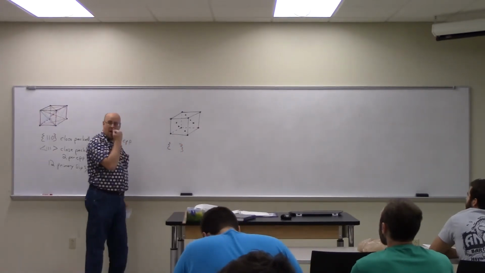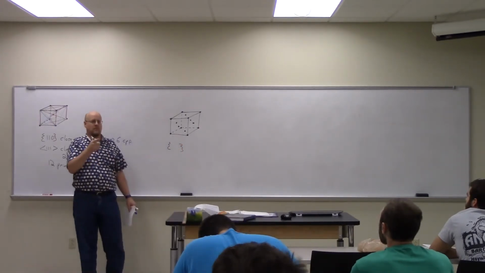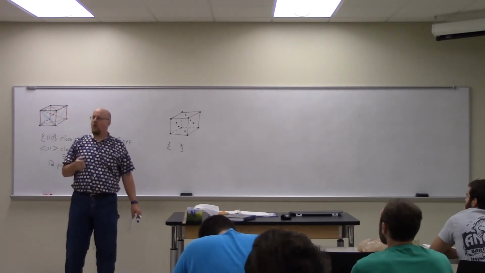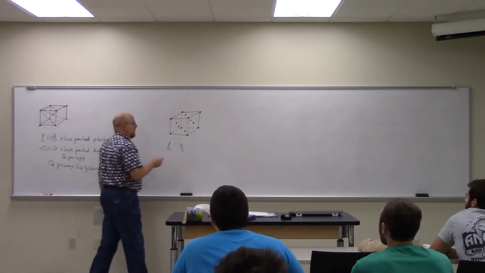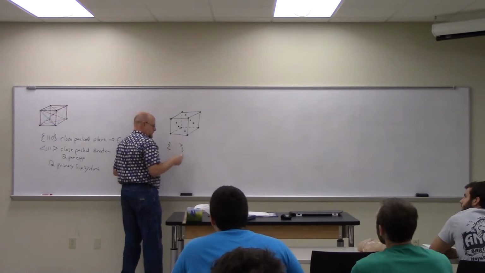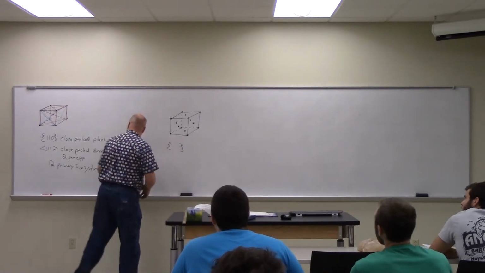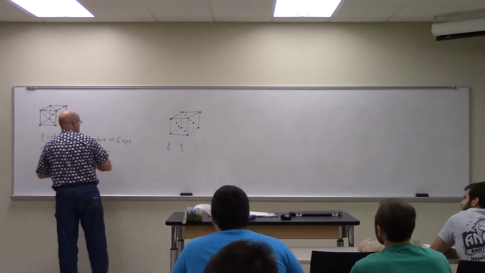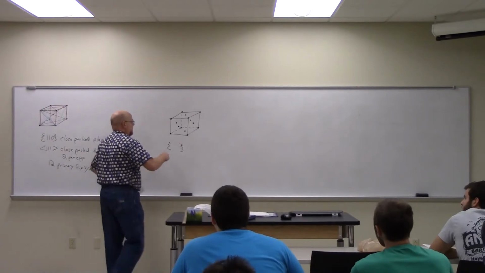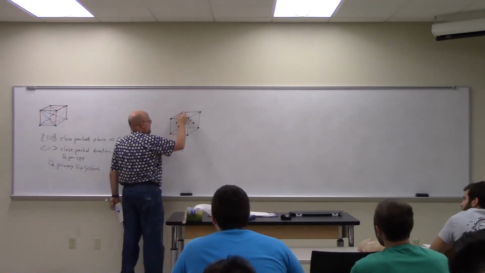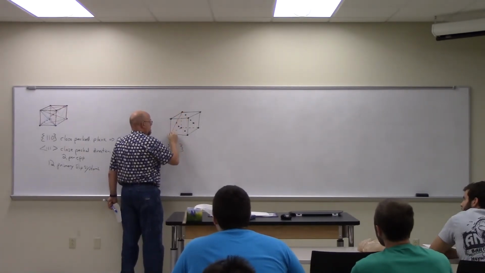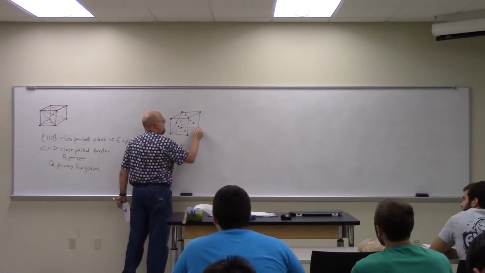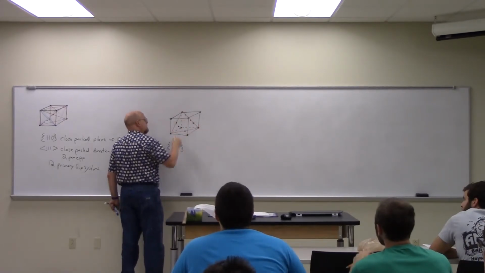Oh, right, isn't it... What do you say? 111. The 111. Right, I'll just draw it in red again on this one. The 111 intersects each axis at 1, so it is this plane. Oh, it's a triangle.